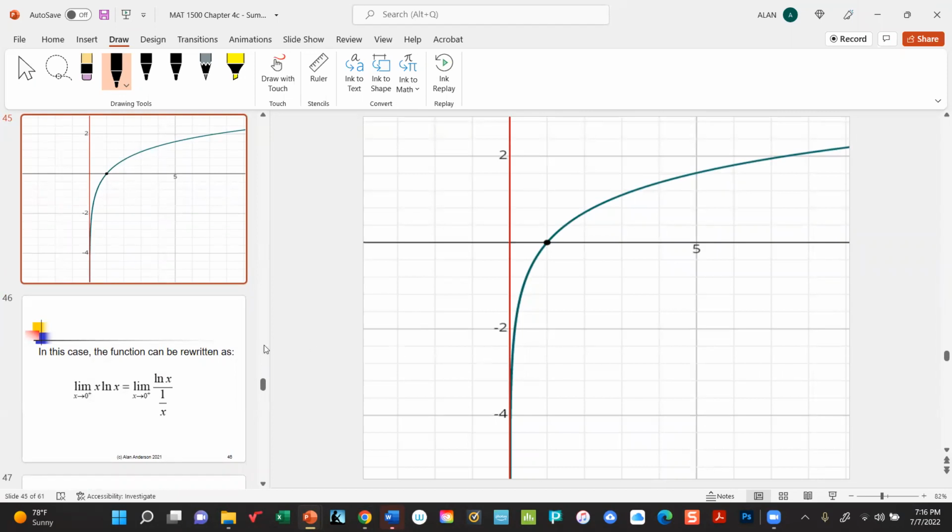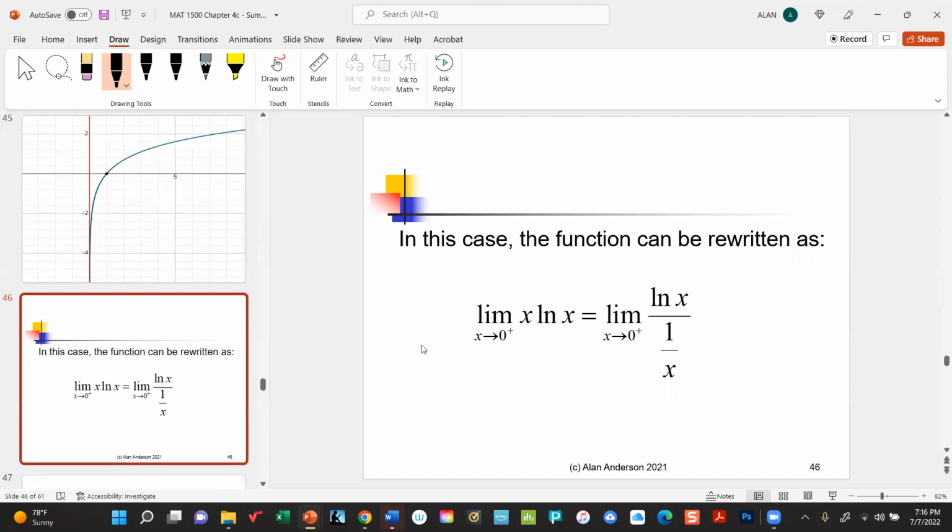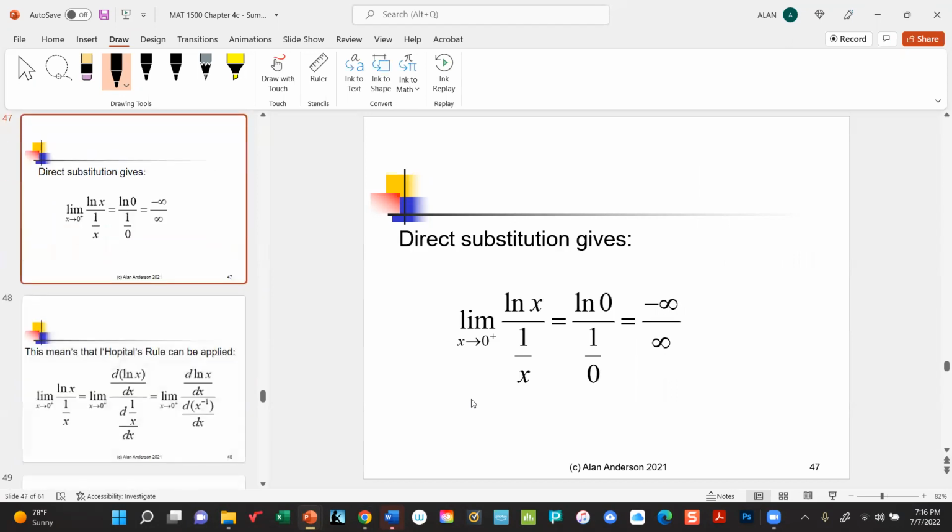So here's a possibility. Let's rewrite this as log x divided by 1 over x. How does that help? Here's the interesting part.